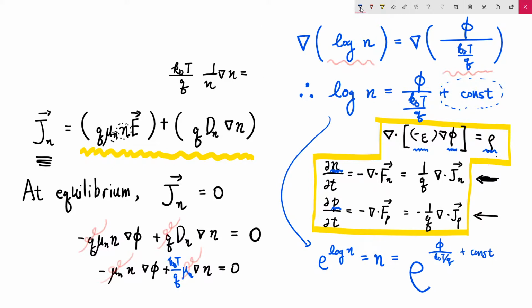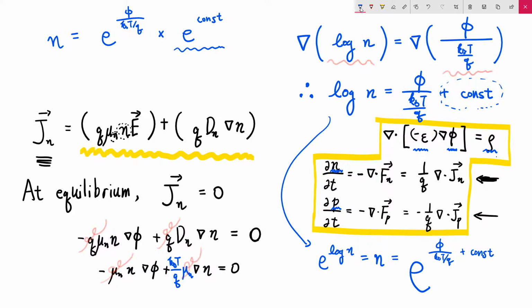Now the answer is that the electron density is given by exponential phi divided by kBT over q multiplied by the exponential of a certain constant. We have no idea what it is.